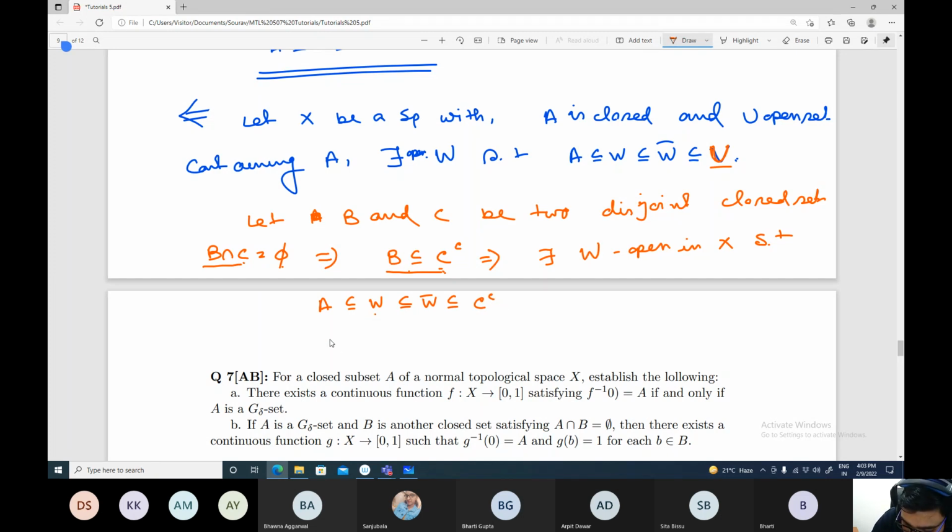Now we have one open set W, so B is a subset of W, right? We need another open set. You see, W closure is contained in C complement, so C is contained in W closure complement, right?